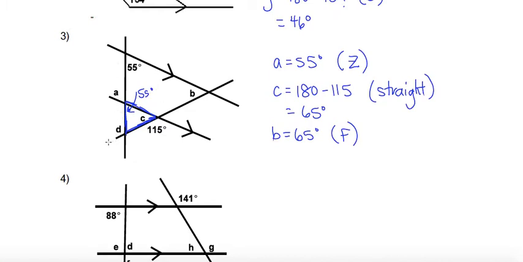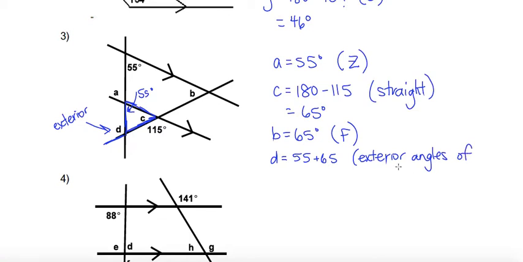And I know that D is an exterior angle of my triangle. And when I have exterior angles of triangles, it's the same as adding the two opposite angles. So I know that D is equal to 55 plus 65 because that's using the exterior angles of triangles. If you don't remember the actual acronym, feel free to just write down the property.